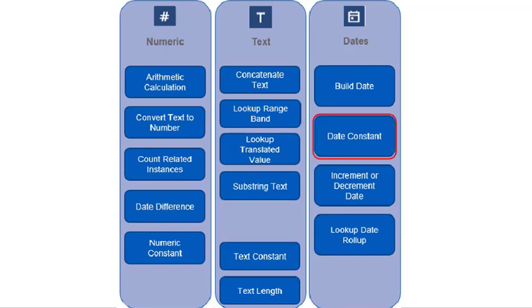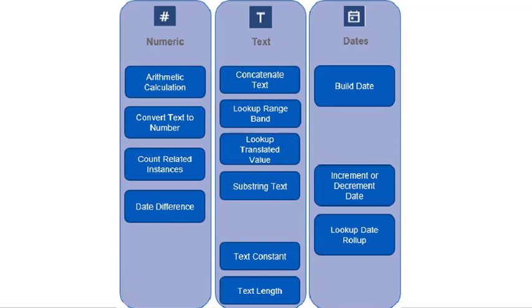Each of these 3 types also have a constant. So let's take a date constant. You might need, for example, January 1st, 2025. That may not be a date that's already in the Workday system. So if you need that date, you could create it with a function called date constant. As you might have guessed, there's also a constant for numbers.